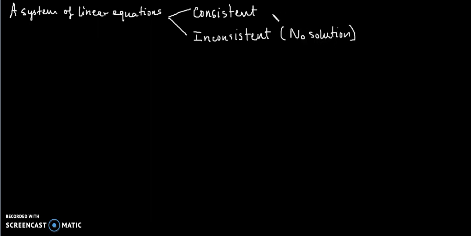And for consistent, we divide into two smaller categories. Consistent means the system has solutions. However, there are two scenarios.